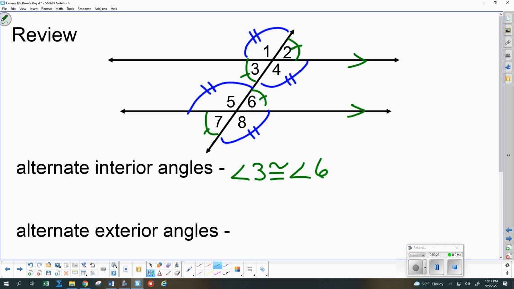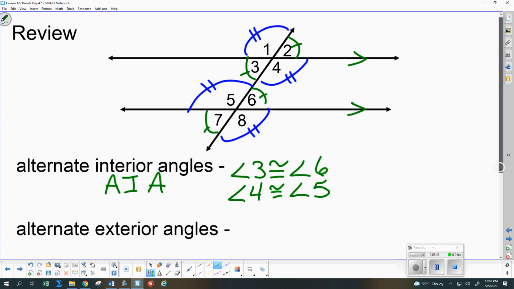They are interior, they are inside the parallel lines, but on opposite sides of the transversal. Are there any other sets of alternate interior angles? Nicole? Everybody good with 4 and 5 are also alternate interior angles? And we will continue to abbreviate that with AIA as we do proofs.